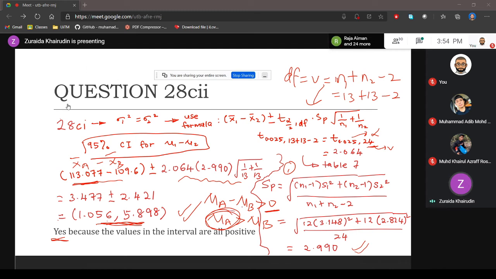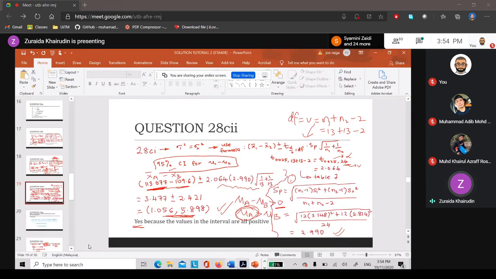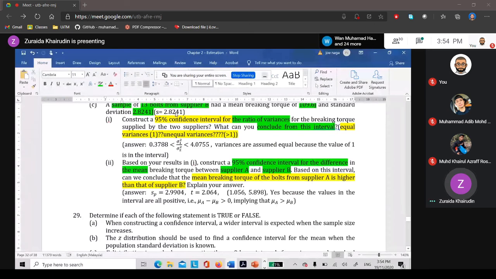Because mean A minus mean B is greater than 0. How do I know? Because your formula is X bar A minus X bar B, so mean A must be greater than mean B. The value must be more than 0. Alright, that is question number 28.